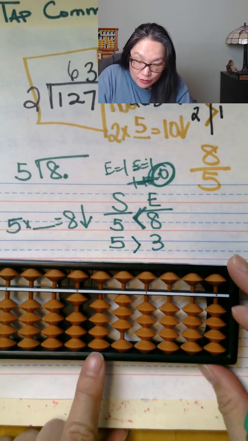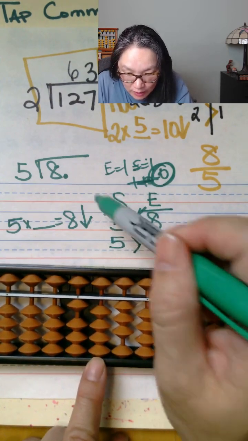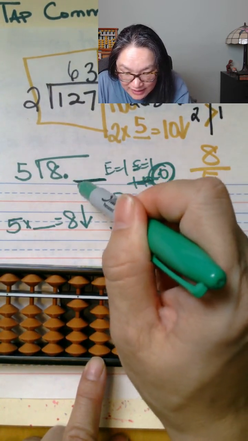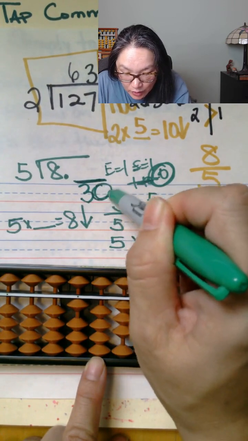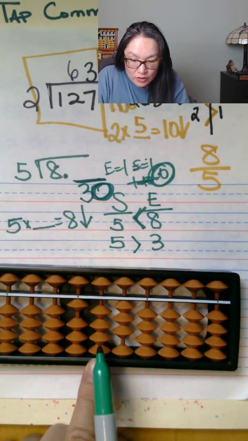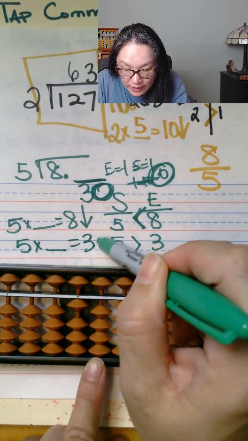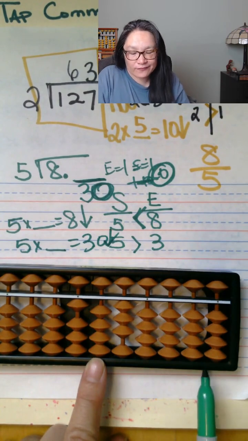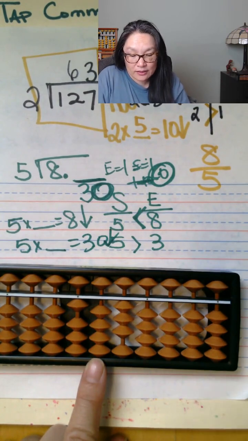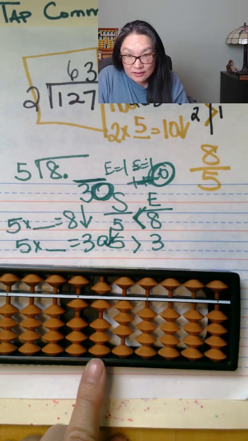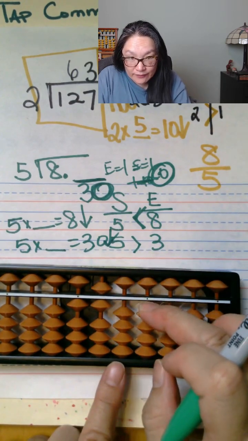So I'm going to take 2 columns. I have to take 2 columns because now I have a remainder. So what times 5 is equal to 30 or less? 5 times 6. So I have my 6, and I take away 30.